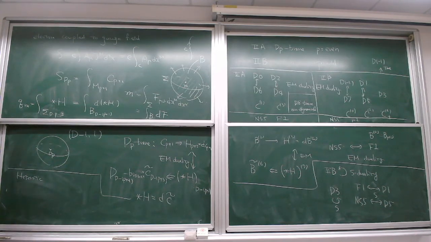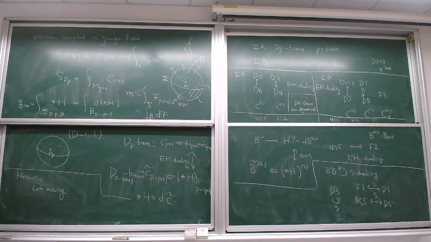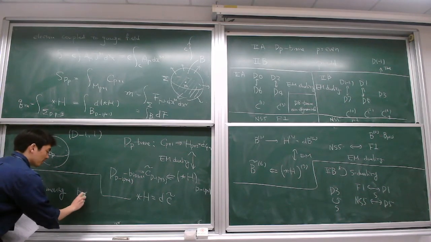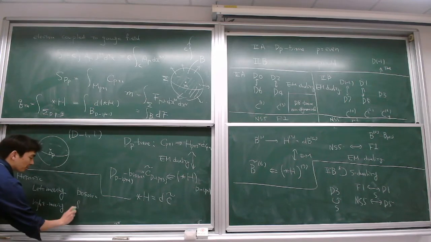In the heterotic string, the left-moving part is bosonic and the right-moving part is fermionic. It's very strange; that's why it's called heterotic. Depending on convention, I took left-moving as bosonic. Left-moving should have 26 dimensions, but right-moving is fermionic.